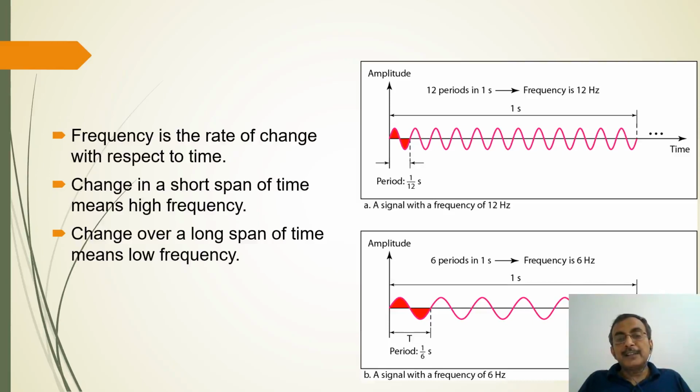A signal which is slowly varying with time has lower frequency. A signal which is having a faster variation with reference to time has higher frequencies. As shown over here, one period is 1/12 of a second, and in the lower slide it is 1/6 of a second. So the upper one has a higher frequency as compared to the lower one.